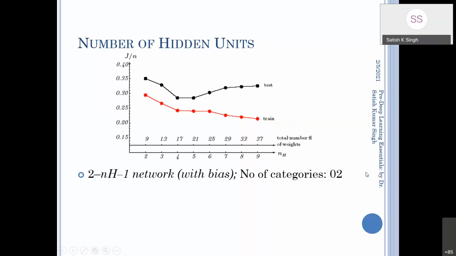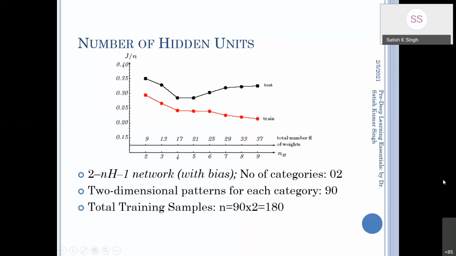The number of categories was only 2, so this is a binary classifier, with 2-dimensional patterns for each category. There were 90 patterns for each category, so the total number of samples would be 180, and the machine is trained using those 180 samples.